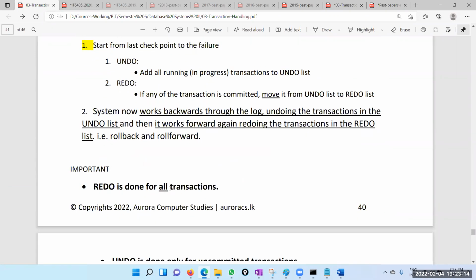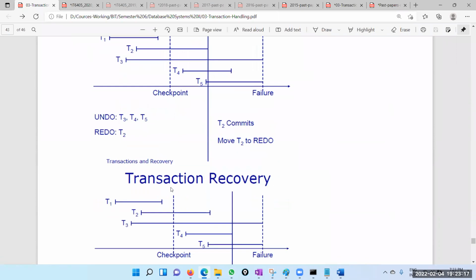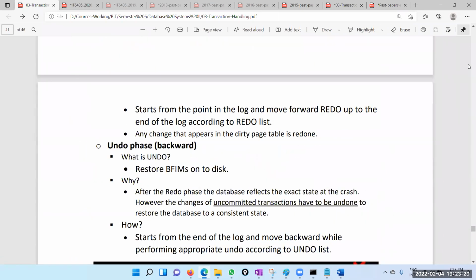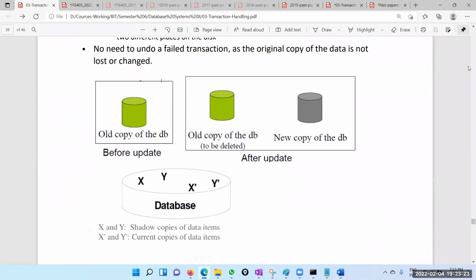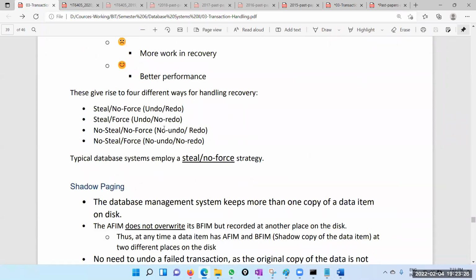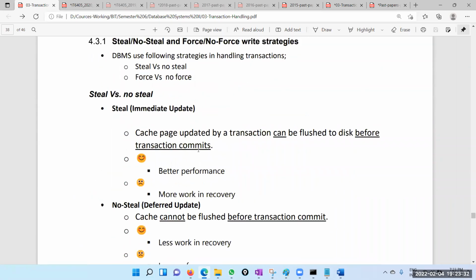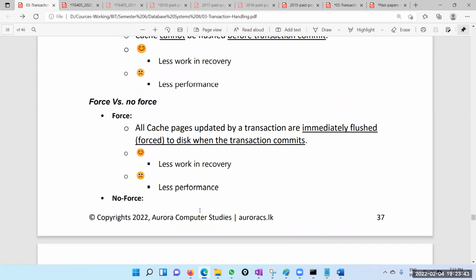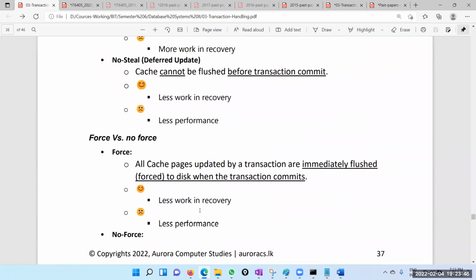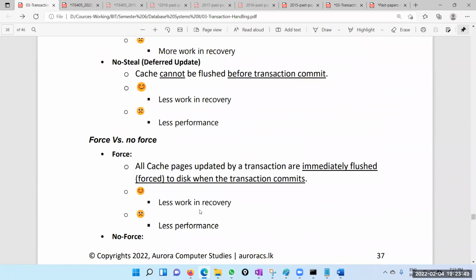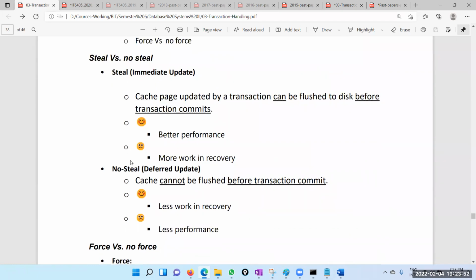I think this wording is a little bit confusing. And forget about these words.